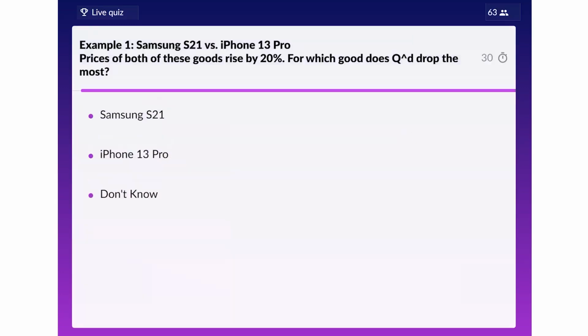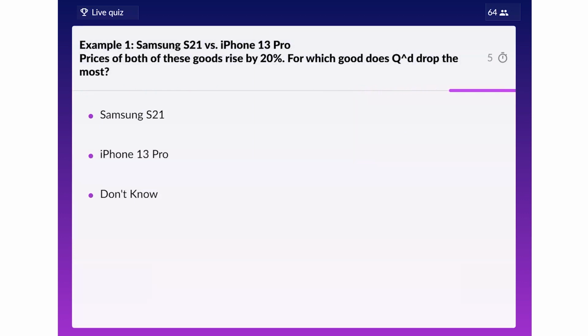First one, Samsung S21 versus the iPhone 13 Pro. Suppose the price of both goods goes up by 20%. For which good does quantity demanded drop the most? Samsung S21 or the iPhone 13 Pro, or don't know? It's okay to say don't know.